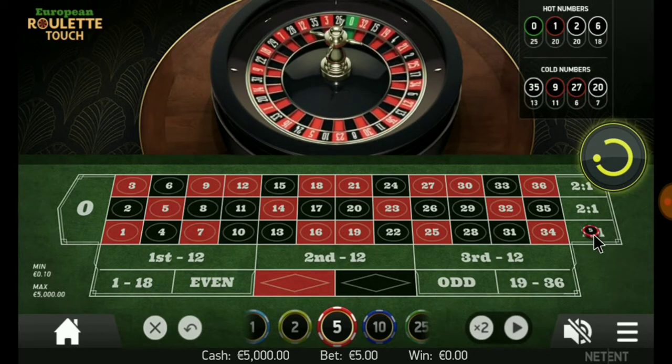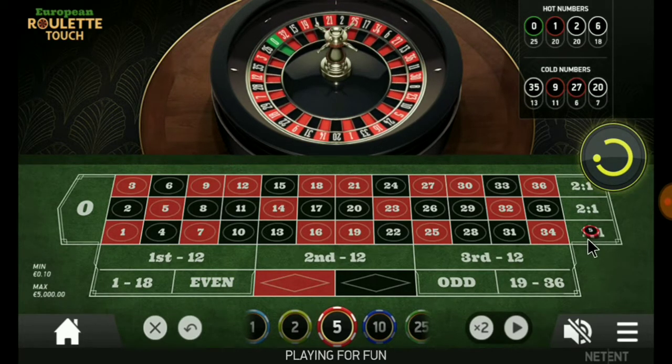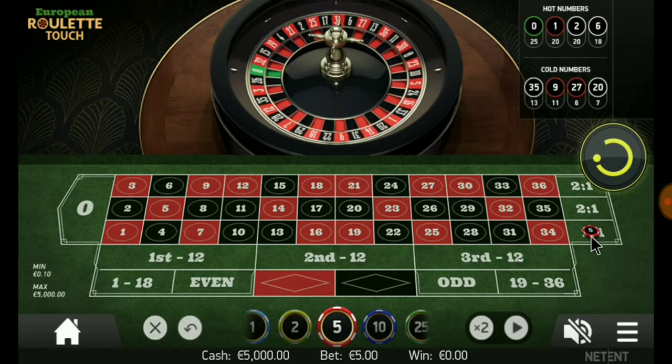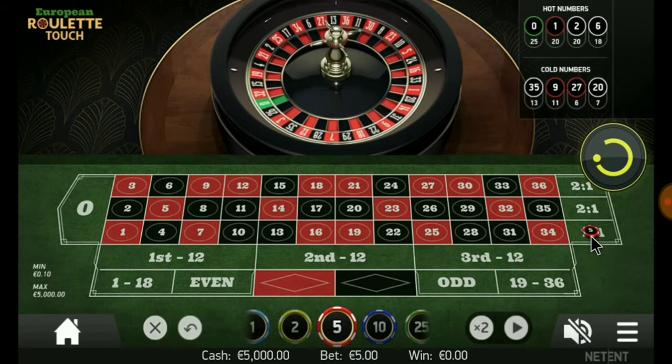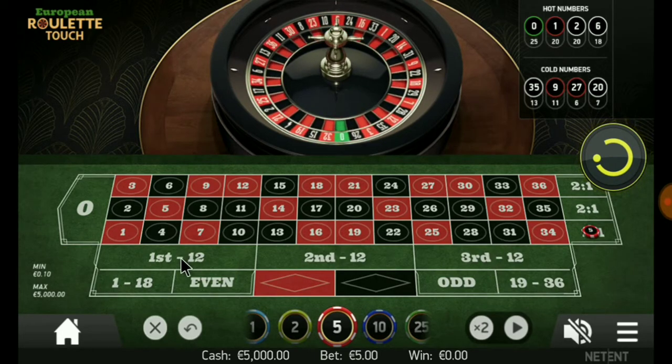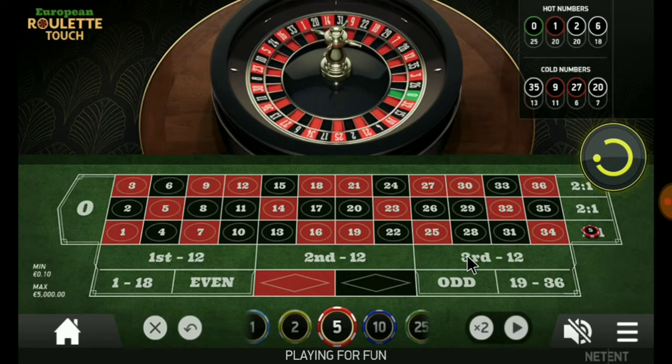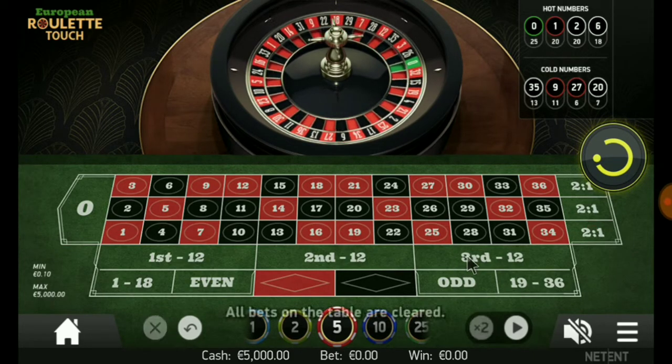I'm sorry, you win two times the money that you placed, as well as your initial bet of 5 euros. So that makes it 15 euros. And similarly, it goes for the dozens, first dozen, second dozen, and third dozen. The payouts are the same.